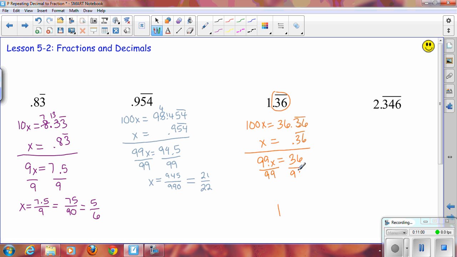Divide by 99. And you have x equals 36 over 99, which both of those are divisible by 9, and you get 4/11ths. So your answer is 1 and 4/11ths. You don't have to do anything with the 1. It just becomes your whole number in your mixed number answer.